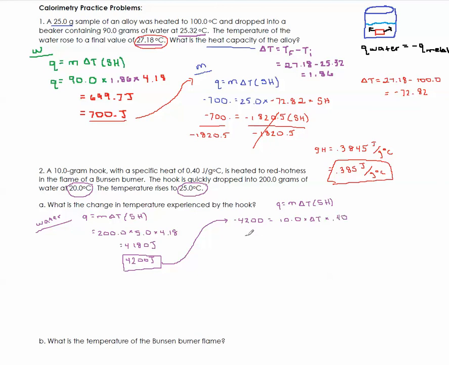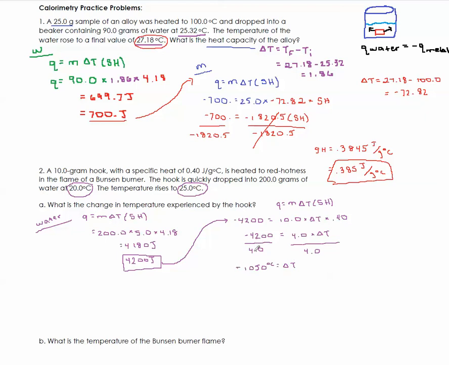Okay, so what you'll get is negative 4,200 equals 4.0 times your delta T, because I multiplied the 10 by the 0.4. Okay, and then I'm going to divide both sides by 4.0. Okay, and then that means my delta T is going to be equal to 1,050. My units are degrees Celsius, and notice it's negative.